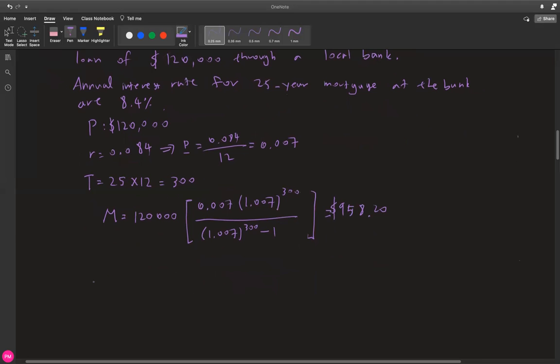Over the period of the loan, 300 months, the family will pay $958.20 multiplied by 300.